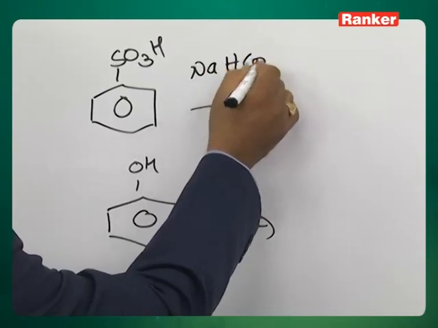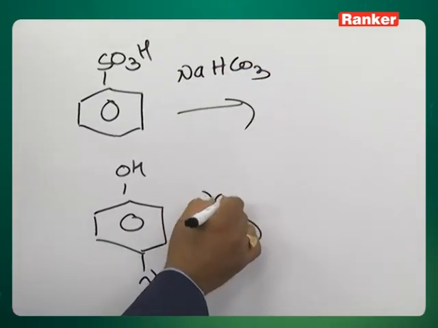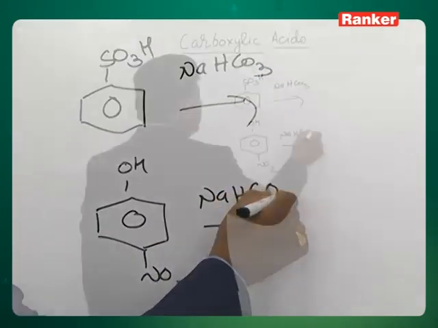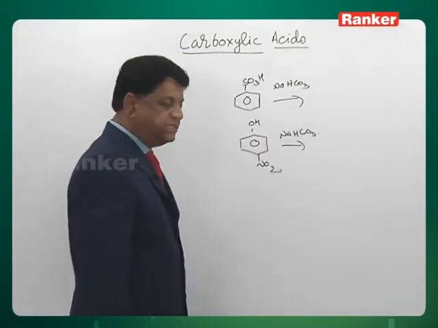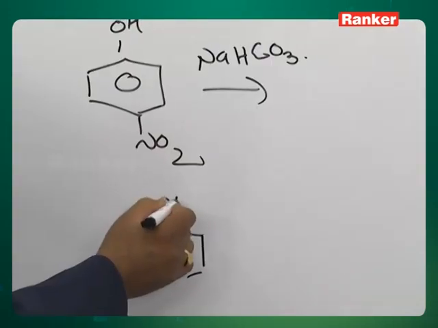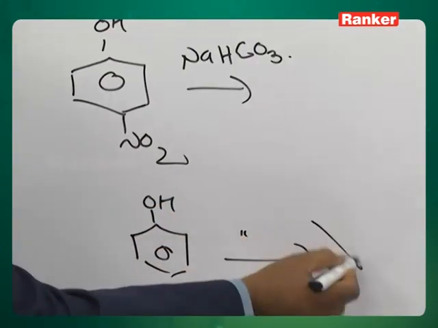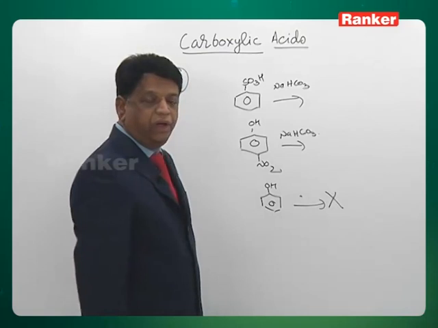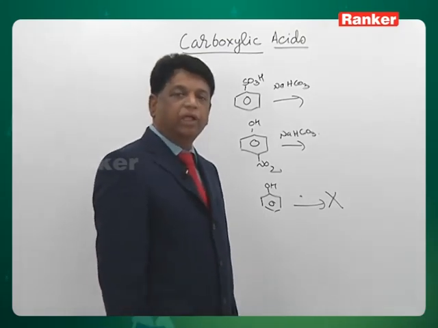Sodium bicarbonate is a base and reacts with only the stronger acids. Weak acids, especially if only phenol is there, this bicarbonate has no reaction. Make a note that phenol will not react with sodium bicarbonate.